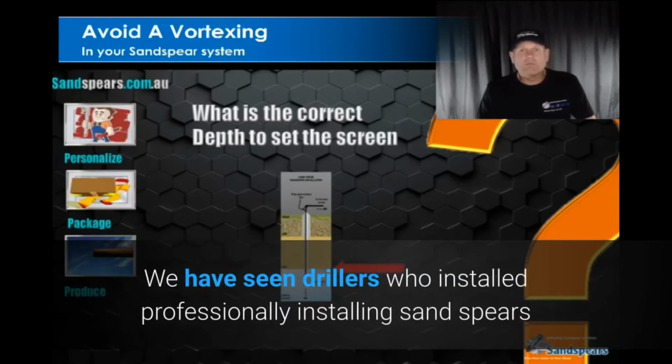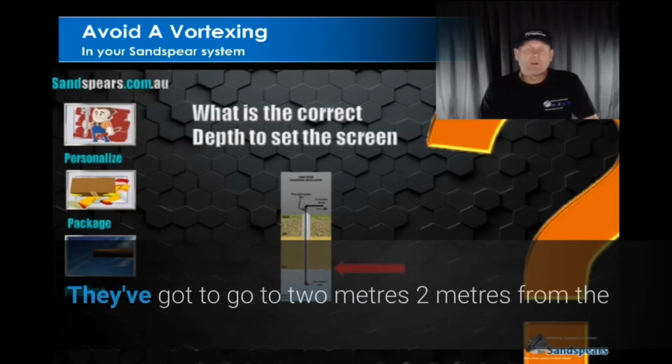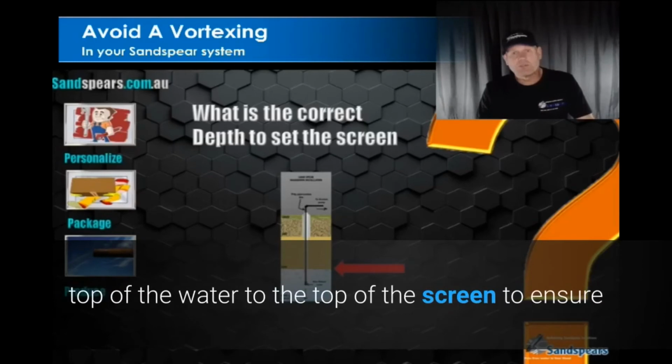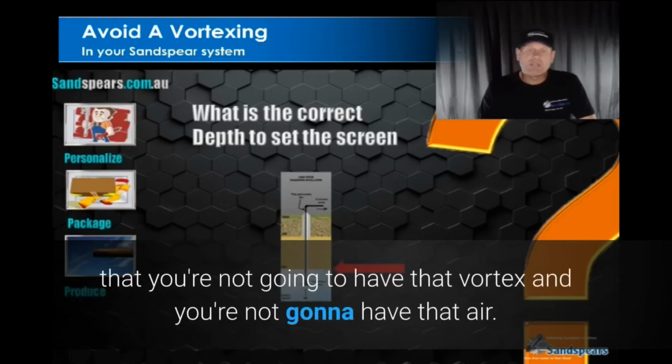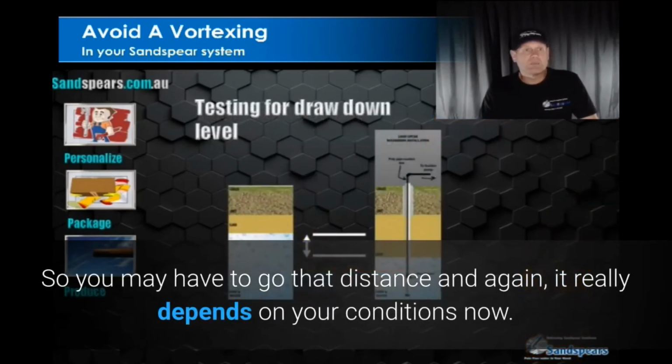We have seen drillers who are professionally installing Sandspears, and other people, who have to go to 2 meters. So 2 meters from the top of the water to the top of the screen to ensure that you're not going to have that vortex and you're not going to have that air. So you may have to go that distance.